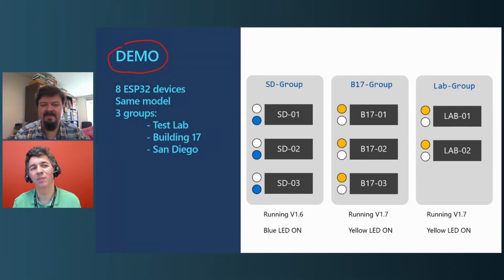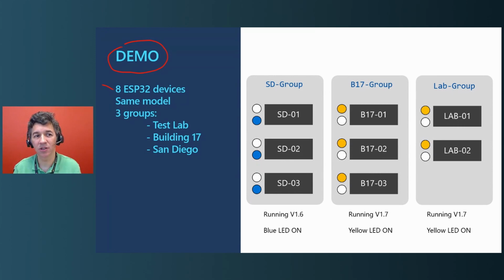Okay, thank you, Ewerton. So for this demo, what I'm going to be showing you is this set of 8 ESP32 devices. They're all the same model. This is a design that I did for this board. These devices are divided in 3 groups. One is the test lab, the second one is building 17, the third one is called San Diego.